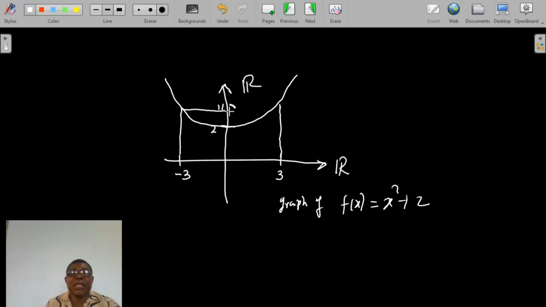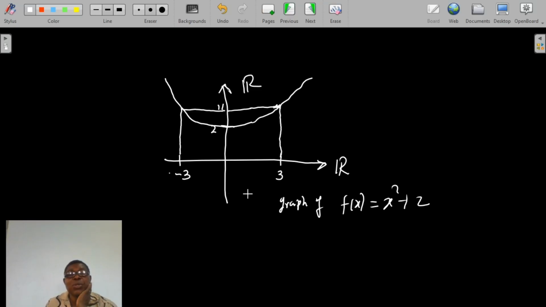You will again get that the image of 3 is 11, assuming that this is properly drawn. Meaning that 2 distinct elements, minus 3 and 3, have the same image, and therefore the function is not one-to-one. And again, that function is not onto.